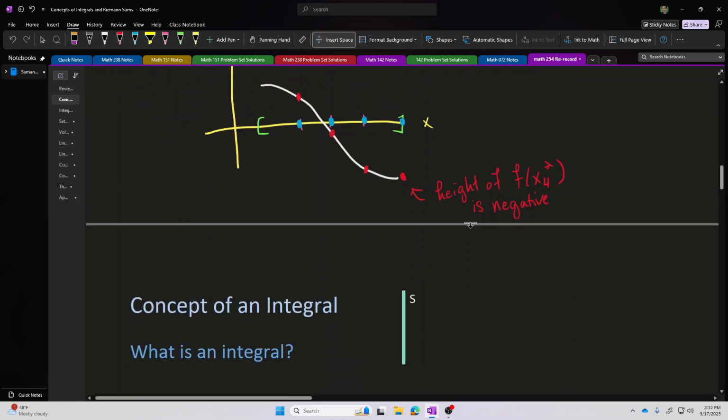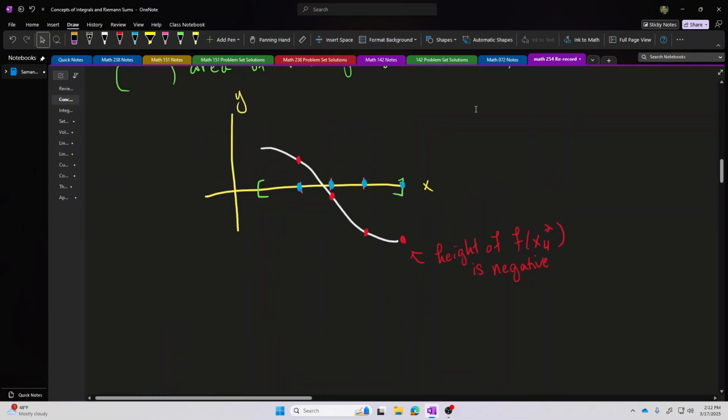Which means that if I look at the rectangle, which has a width given by delta x and a height given by the height of this particular output, if I look at this rectangle here, the quote-unquote area will be height times width, but this is going to be negative because the height of this point is negative.